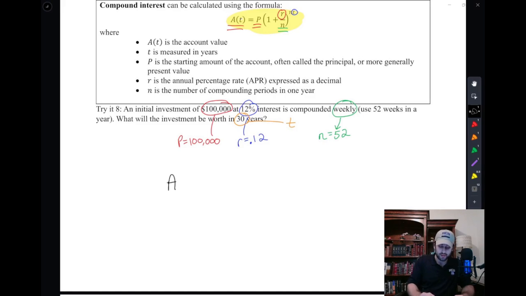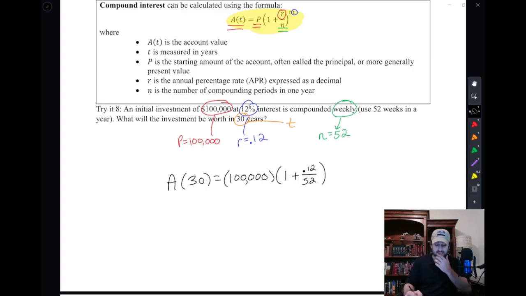And I say the total amount after 30 years is going to be 100,000 times (1 + 0.12/52) raised to the 52 times 30. Which is a really long and ugly equation if you don't have a calculator. And like I said, a lot of these, once we get our final result, we're going to be putting it in a calculator.